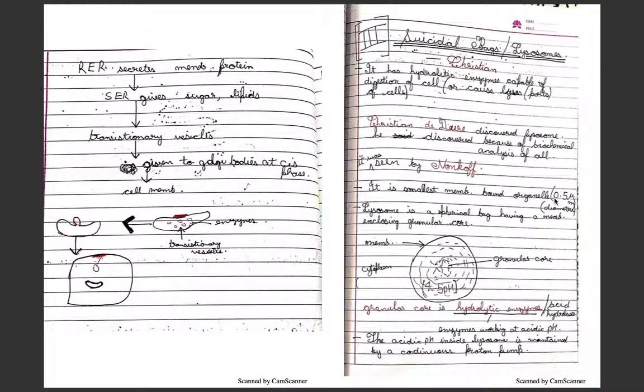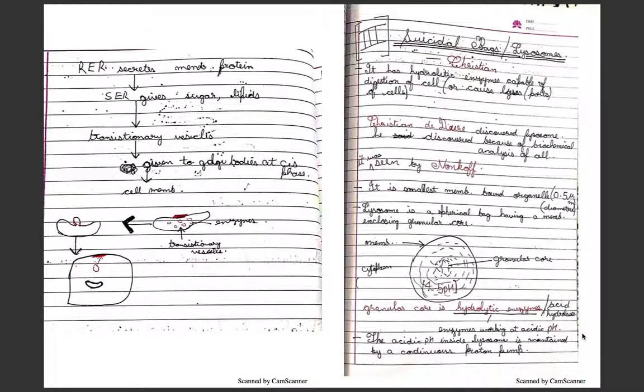Now, a lysosome is a spherical bag having a membrane enclosing a granular core. This is our lysosome. It has a membrane, and all around it is the cytoplasm. Inside it has a granular core which is acidic in nature. The granular core is hydrolytic enzymes, that is, acid hydrolases.